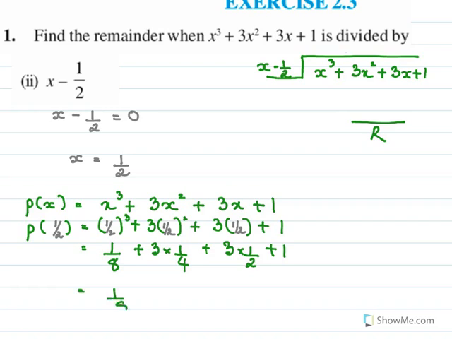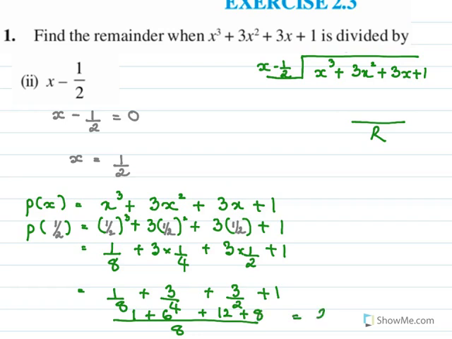So 1 by 8 plus 3 by 4 plus 3 by 2 plus 1. Here the LCM will be 8. So you will have here 1 plus 6 plus 12 plus 8, and this is 27 by 8.